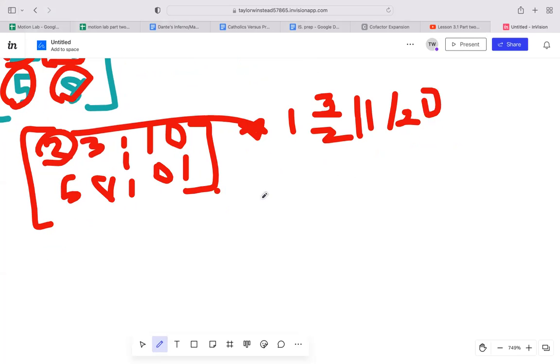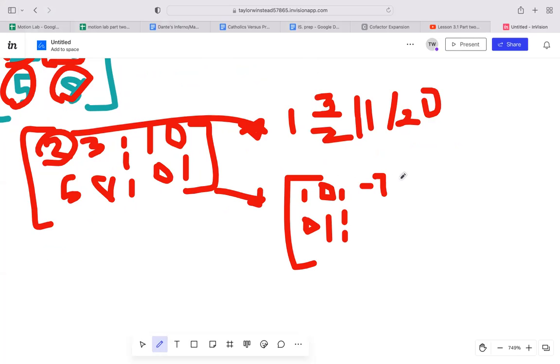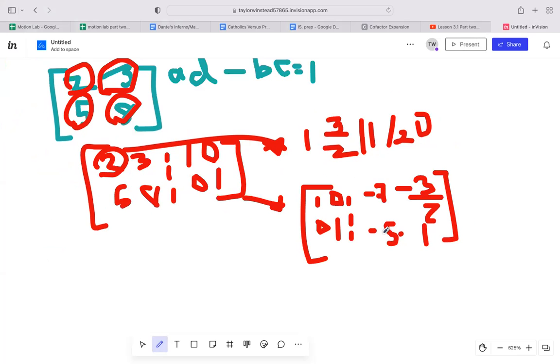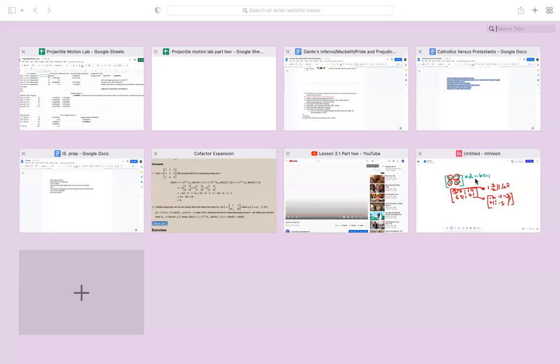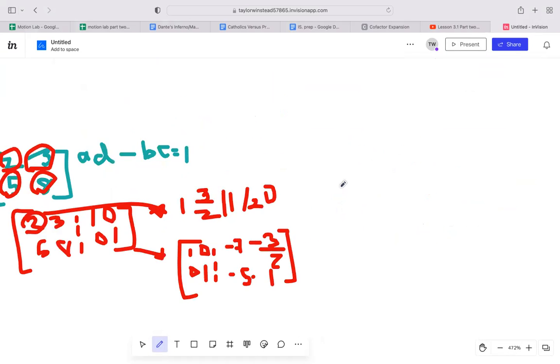But once we've gone through that whole arithmetic process, what we would end up with is 1, 0, 0, 1 on the opposite side now. And on the other side, our inverse, which would be -7, -3 over 2, -5, and 1. So that's just a really basic example of reminding us how we're actually supposed to do inverses.